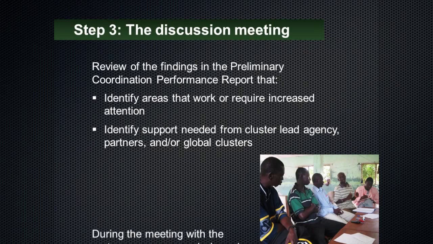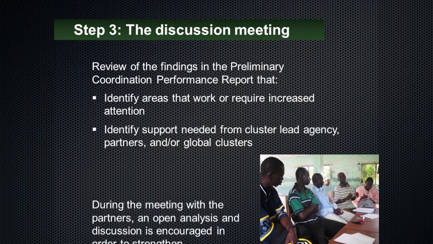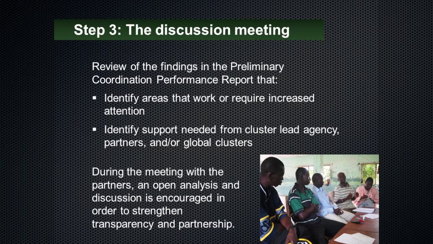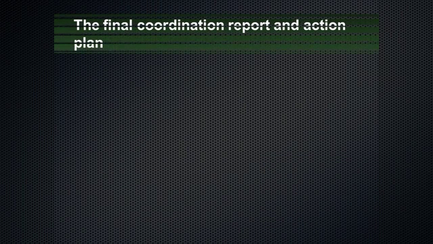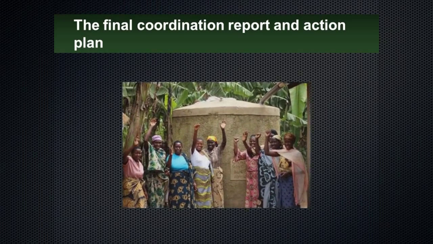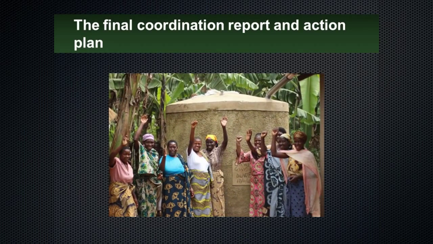During the meeting with the partners, an open analysis and discussion is encouraged in order to strengthen transparency and partnership. In this regard, clusters can request the Secretariat of the Global Clusters, or OCHA headquarters, for facilitation support. As a result of the meeting, the final coordination report and action plan are agreed by the partners.